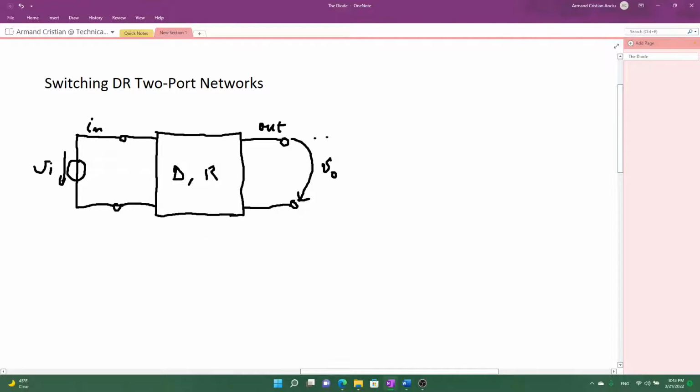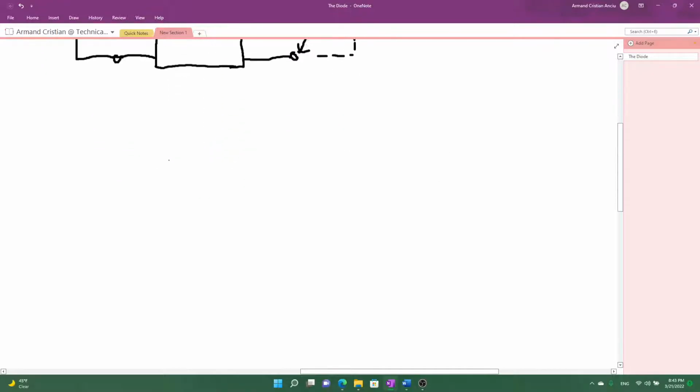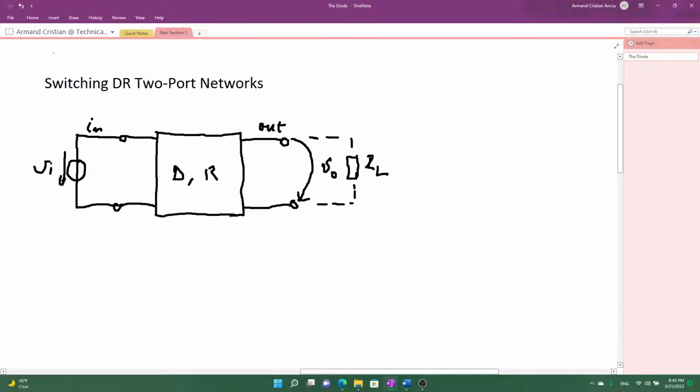Eventually we'll also connect something called a load resistor. We'll discuss what's the deal with this load resistor later. But let's comment on every single term of the switching DR two-port network.